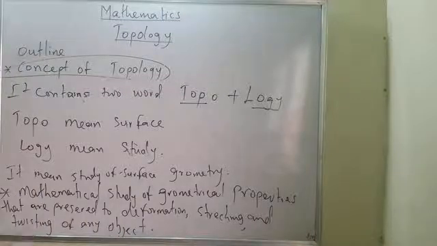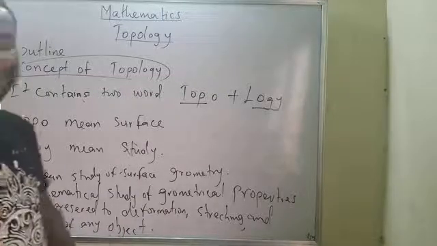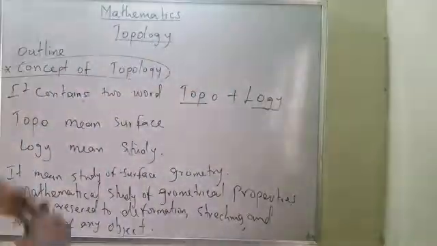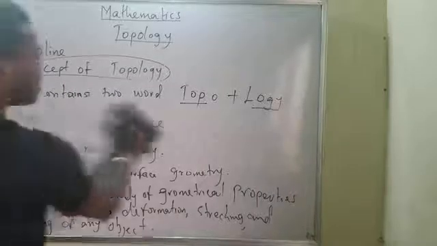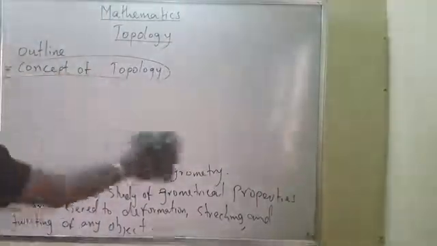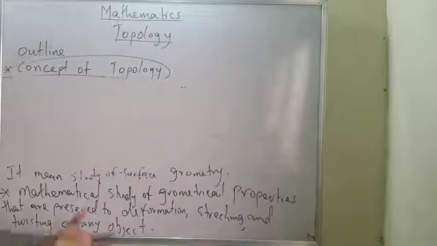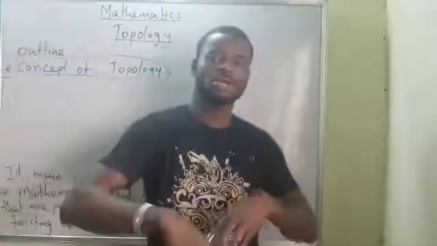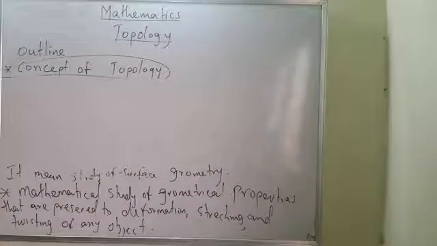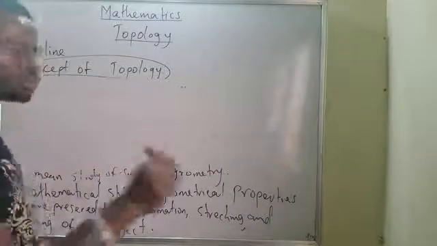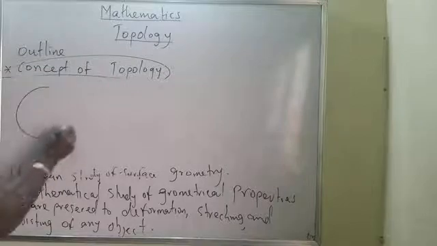Now, let me quickly explain what I just wrote here. If we are talking about twisting, deformation, stretching, many lecturers will explain topology with shapes, twisting a shape. For instance, let me explain with a circle.